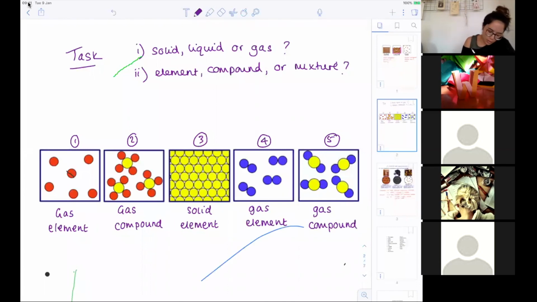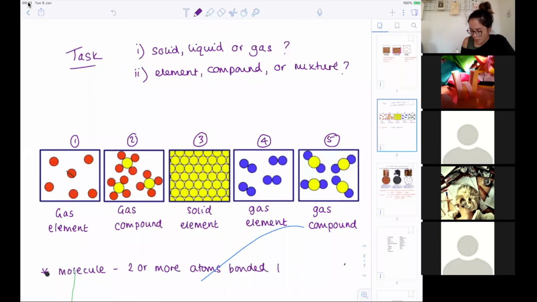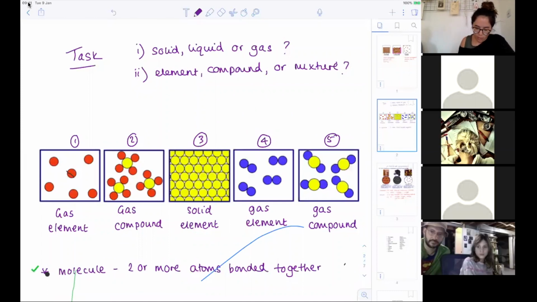Just to make a little addition, a molecule, people confuse this a lot, is simply 2 or more atoms bonded together. Now these can be the same atom type or they can be different. So just to go through our various examples again, number 2 is a molecule.